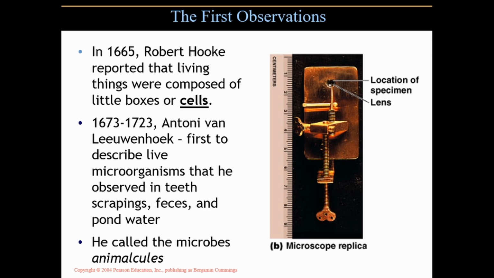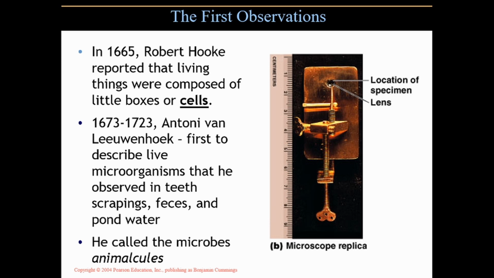So we'll look at the first observations here of microbes, and we go way back to 1665. The English scientist, philosopher, thinker Robert Hooke did many things. He reported that living things were composed of little boxes or cells, and he used the word cell to describe them. It wasn't a new term, it wasn't a new word that he had invented.